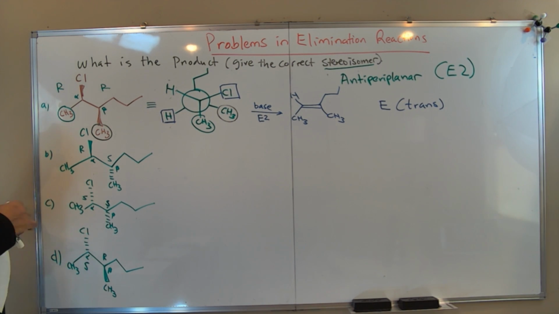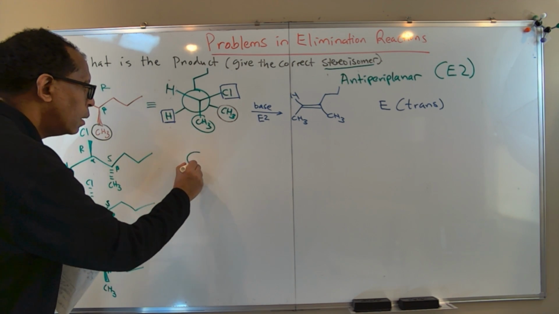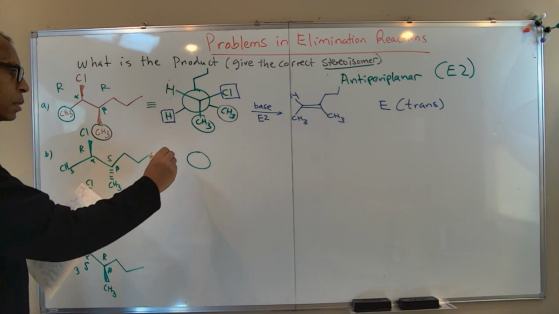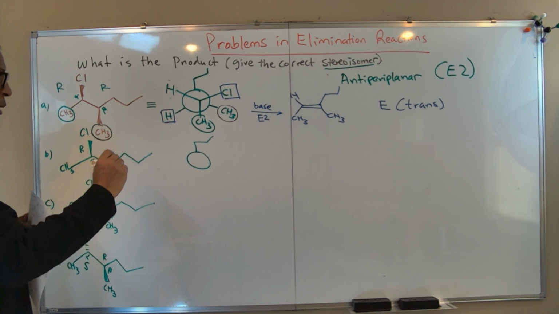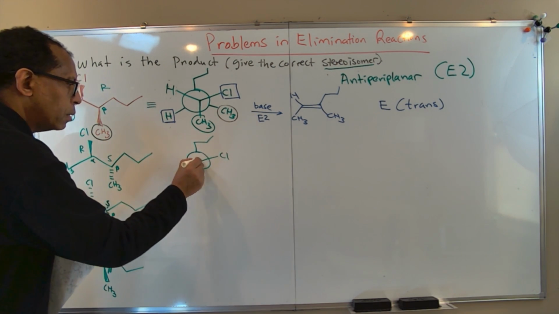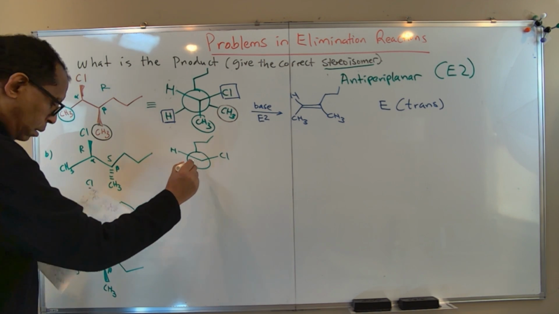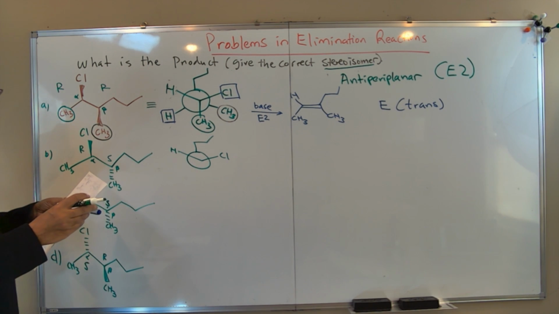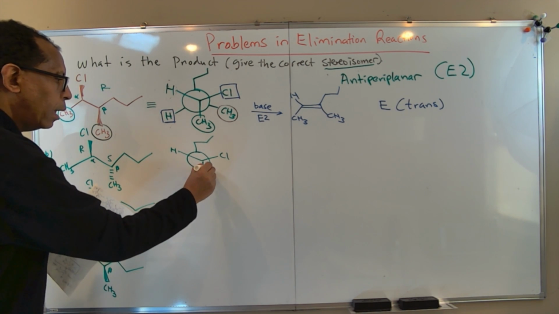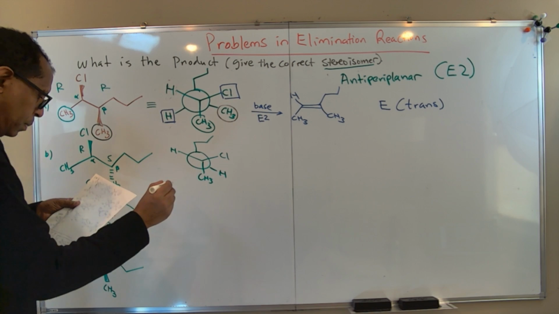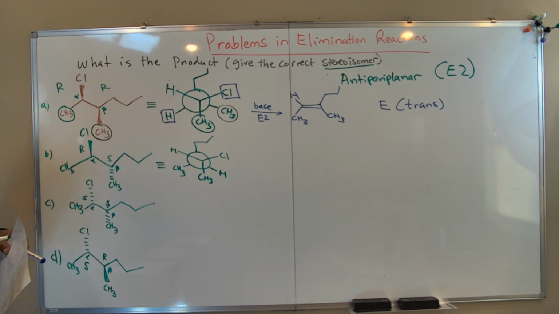For B compound, if I draw the Newman projection, if I have this, still this is at the back, chlorine is still here from the front, carbon, and hydrogen is still there, and CH3 still would be down here, and hydrogen is here, and another CH3 is here. So this is a Newman projection.